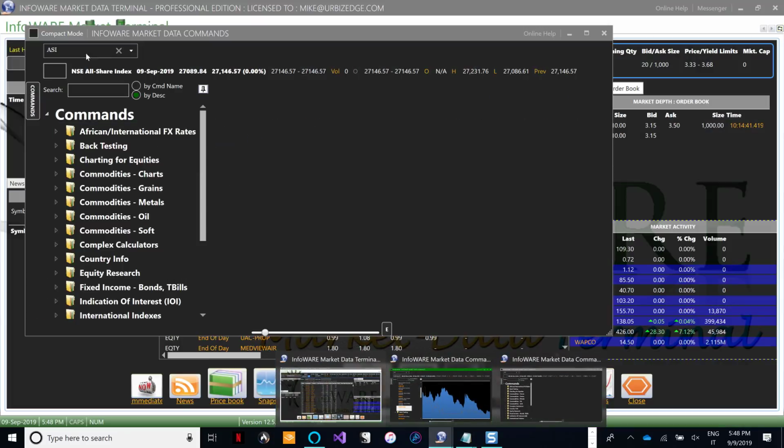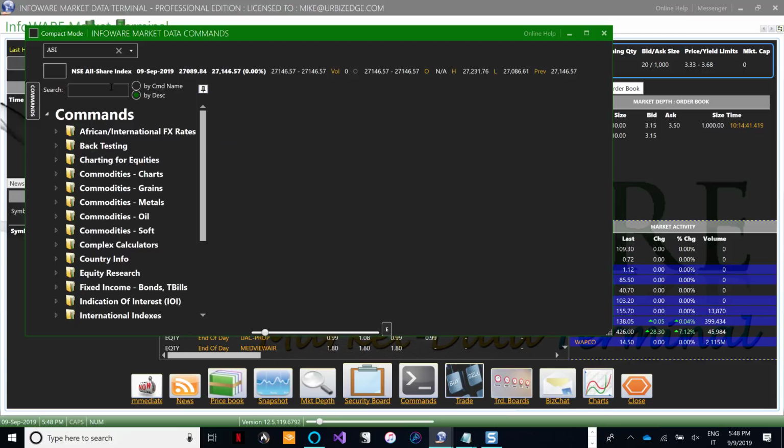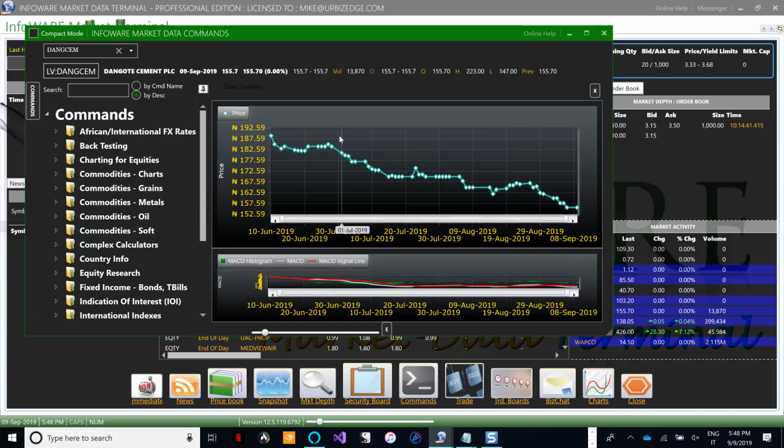I want to do LV Dangote Cement. So it's going to show me information about Dangote Cement, but I don't just want to see the chart, I want to see everything.